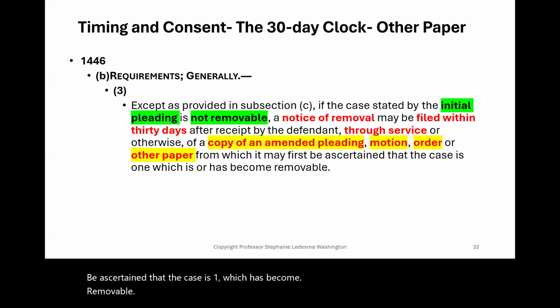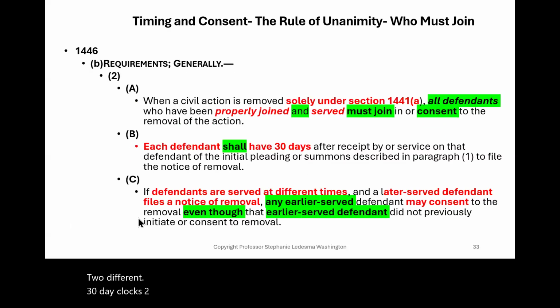All right, so pay attention. Two different 30-day clocks.